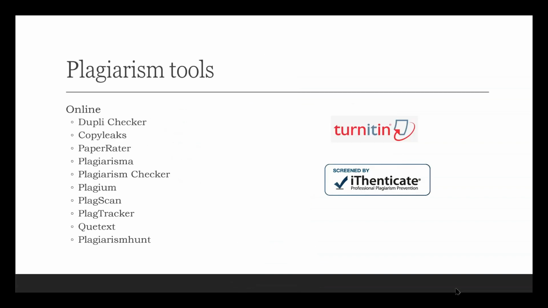So here we have some plagiarism tools. We have online tools like Duplichecker, CopyLeaks, PaperRater, Plagiarism Checker, Plagium, PlagiaScan, PlagTracker, Qtext, Plagiarism Hunt, and Turnitin and iAuthenticate. Most organizations or journals use Turnitin or iAuthenticate.